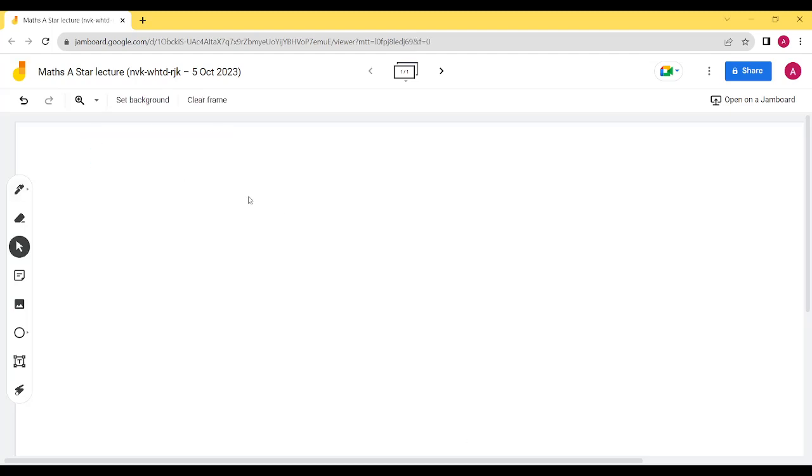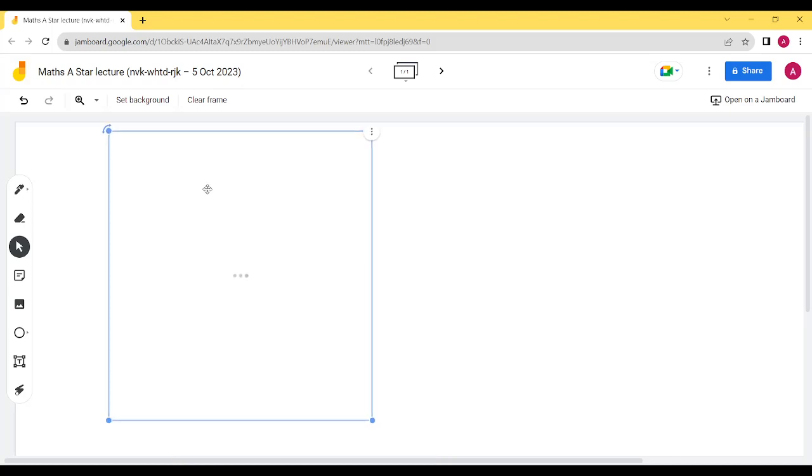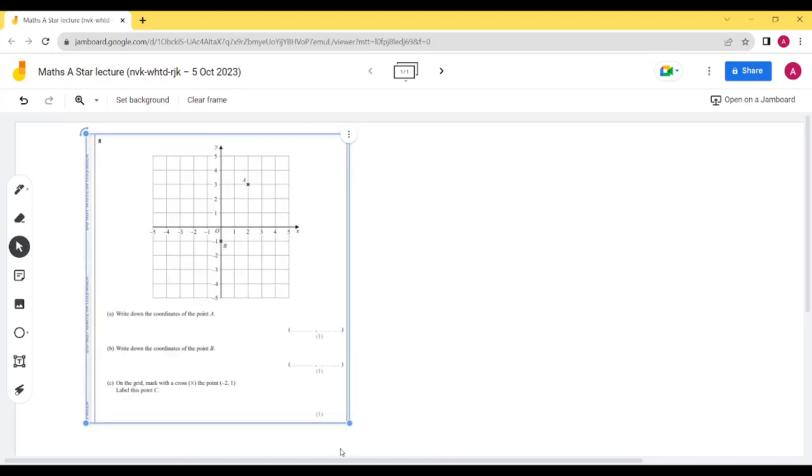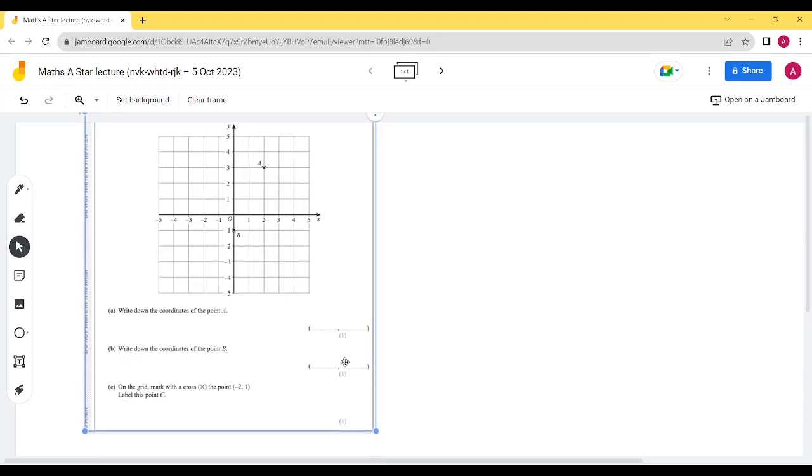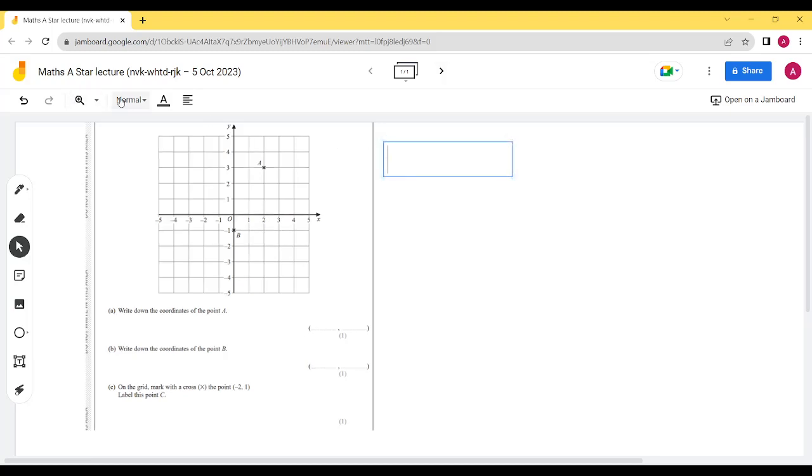So you can see here we've got a picture of a graph, and we're asked to write down the coordinates of point A, write down the coordinates of point B, and on a grid mark with a cross the point -2, 1.